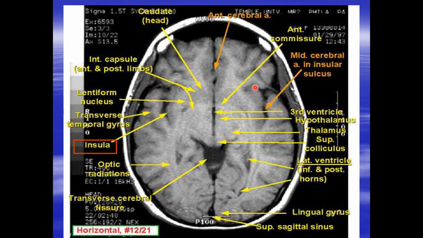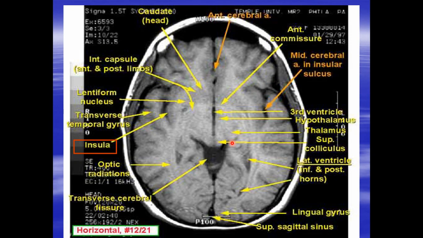So you can see this is an operculum and this is another operculum covering the insula. When you remove this and this one and the other one that is not shown in this image, you can see the underlying insula. It's covering the insula.